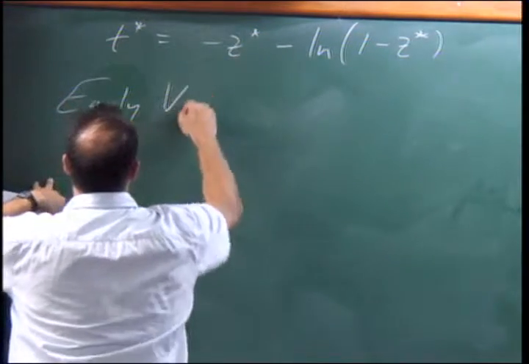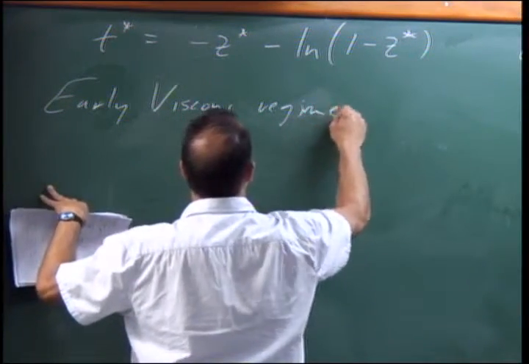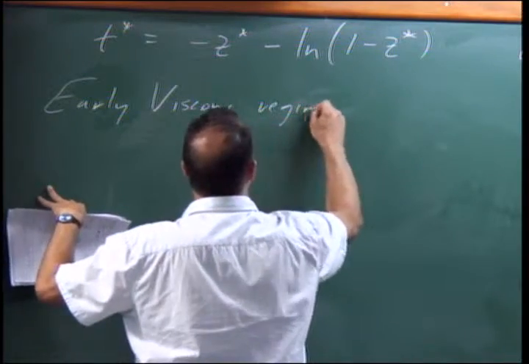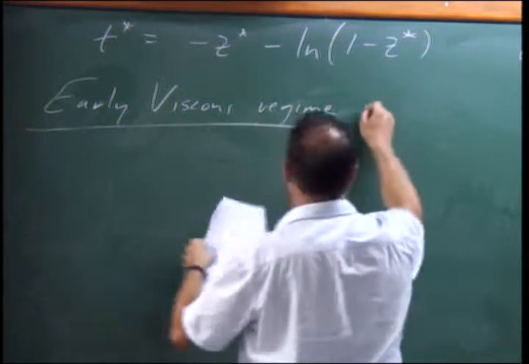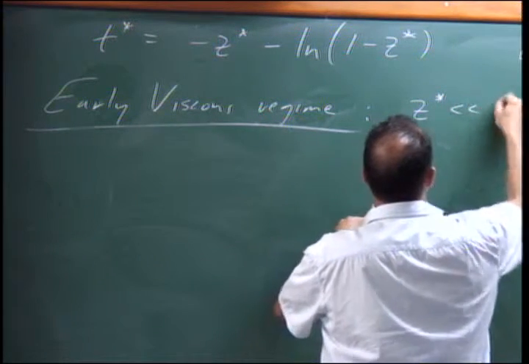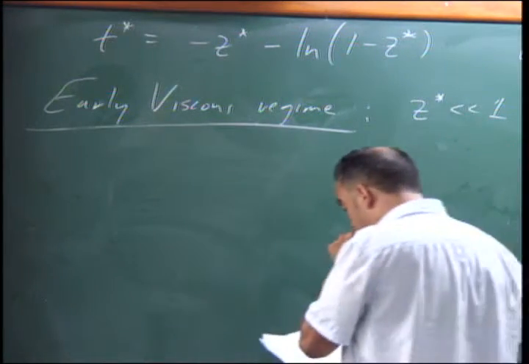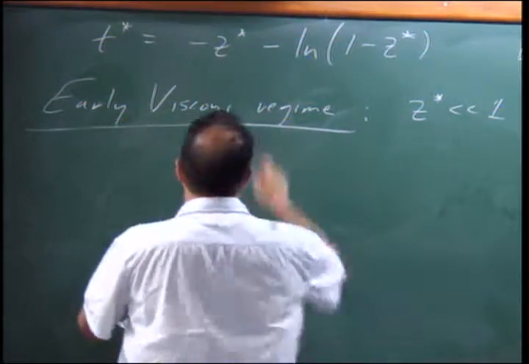Okay, so in the early... okay, so if Z star is much less than 1, we can expand this.